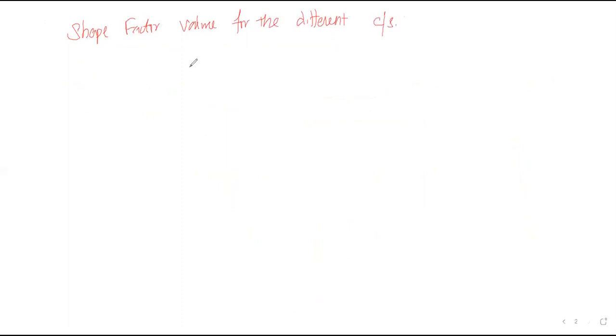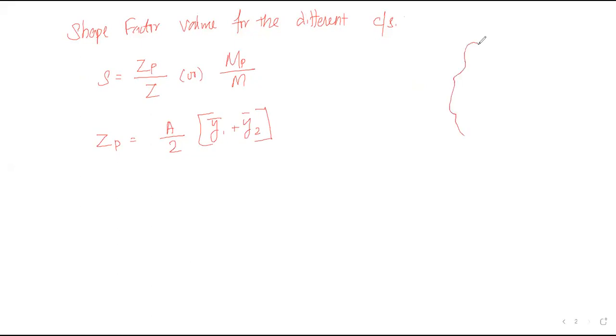So next, as per our previous statement, shape factor S is equal to ZP by Z, or else MP by M. Whereas ZP, how are we going to denote it now? A by 2 into Y1 bar plus Y2 bar, which is nothing but with respect to the section.